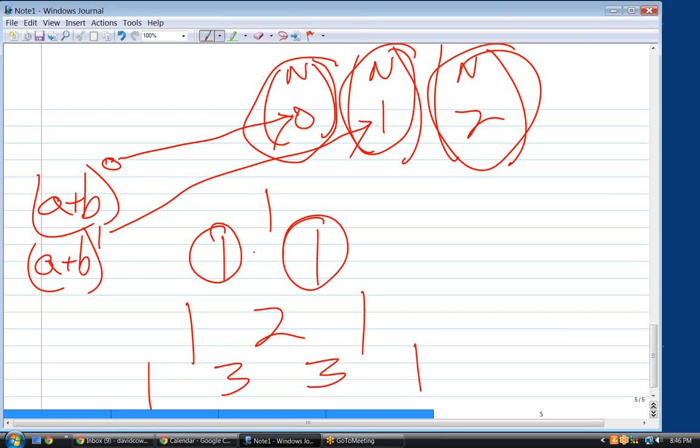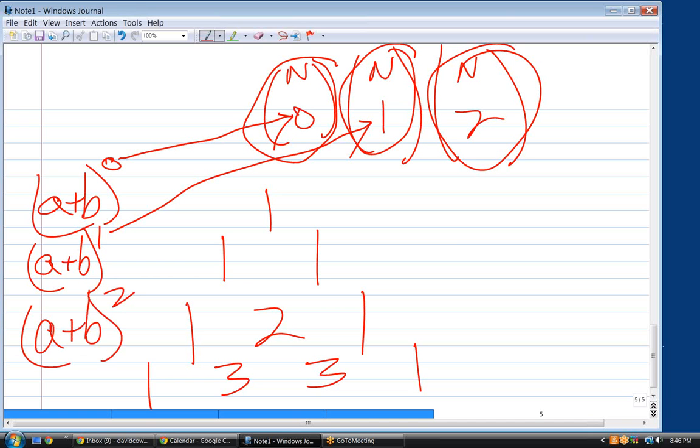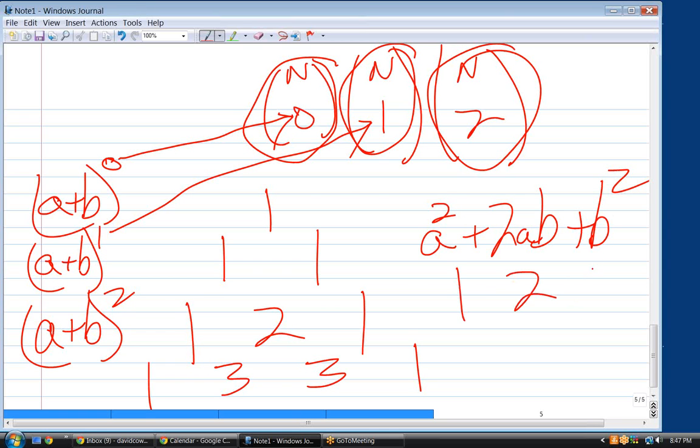The coefficients are 1 and 1. If you take a plus b squared, notice a plus b squared is a squared plus 2ab plus b squared. The coefficients are 1, 2, 1.